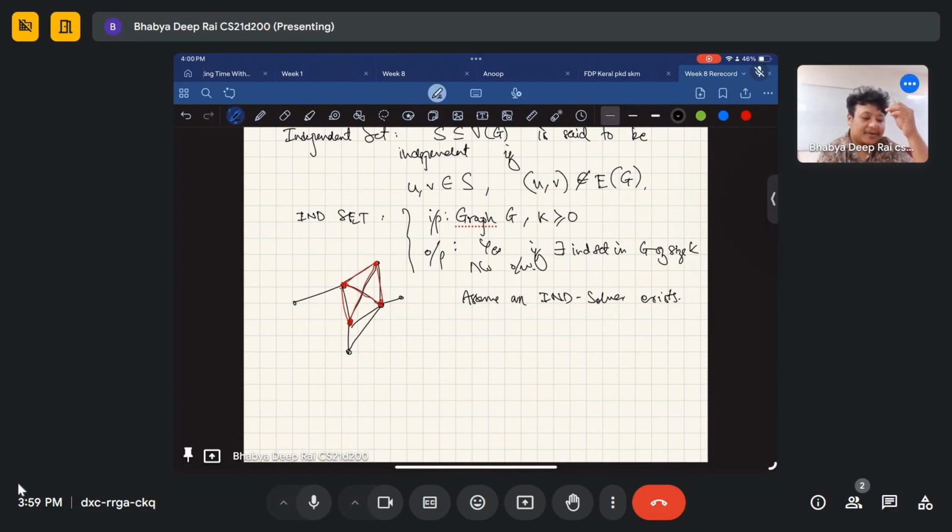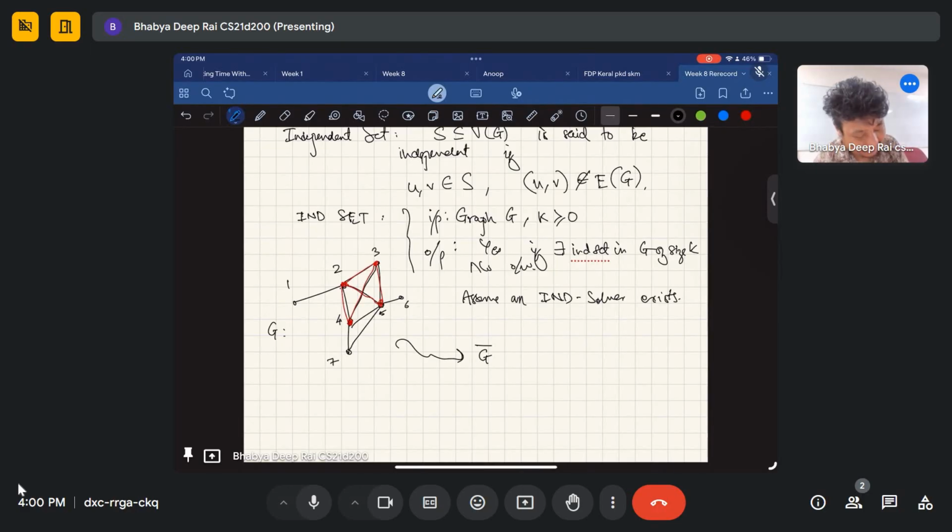So the idea is that if this is G, I will transform it into the graph G bar, which means G complement. What is meant by complement is that if there is an edge, I'll remove that edge. If there is no edge, then I'll put the edge.